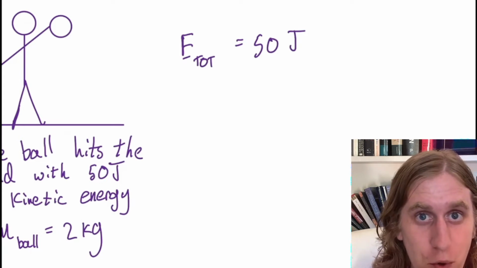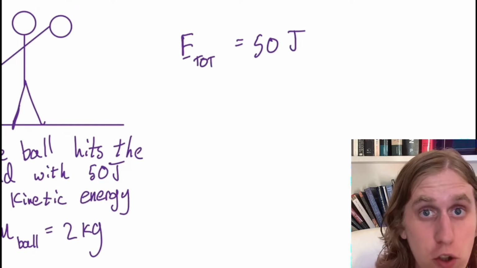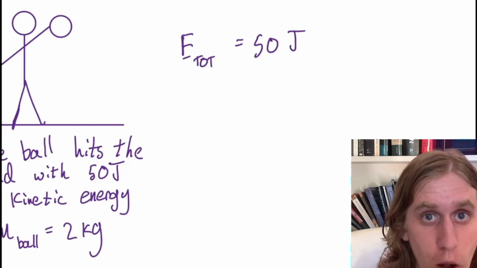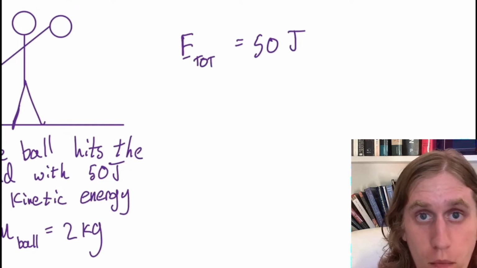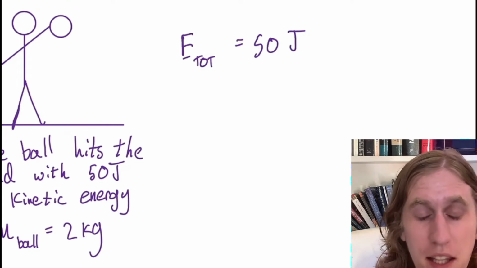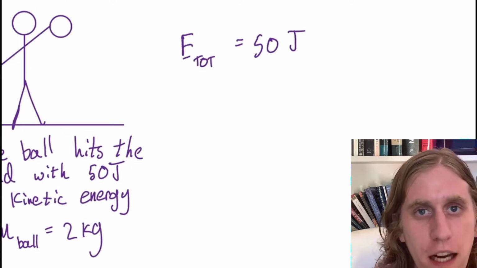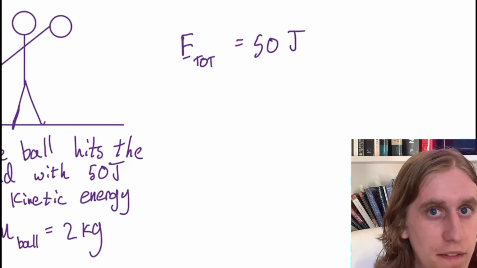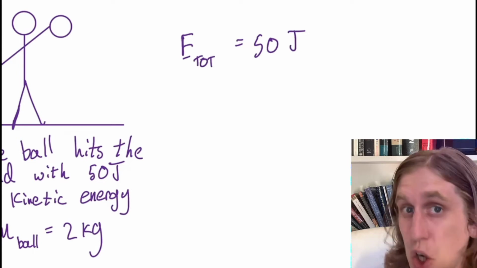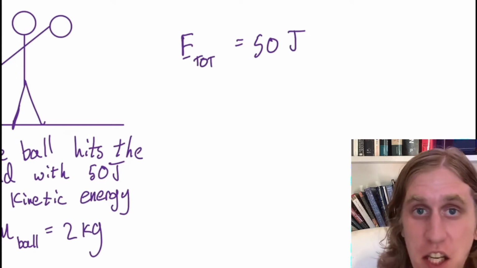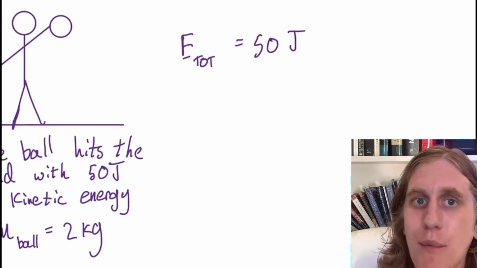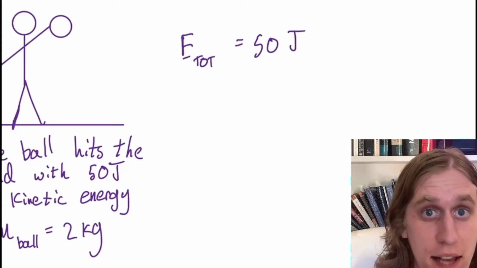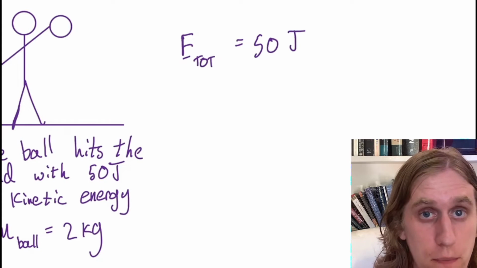It's just 50 joules. So now let's look at when the person is holding the ball and about to drop it. We know that at the moment that the ball is dropped, it's not actually moving, so it has 0 joules of kinetic energy. But since the total energy has to be equal to 50 joules, we immediately know how much gravitational potential energy the ball has. It's just the 50 joules.